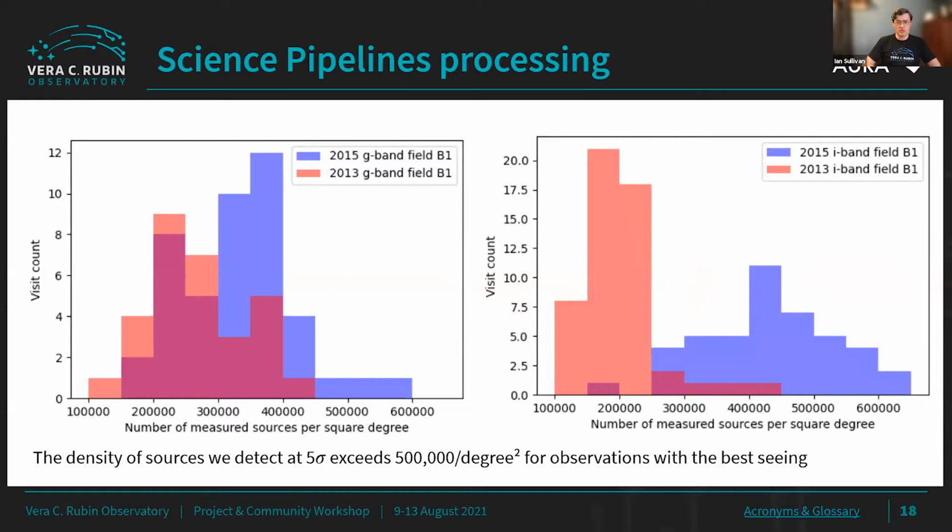Overall, the 2013 data had much worse seeing than 2015, and that is reflected particularly in the i-band observations, where the 2013 histogram is peaked down at around 200,000 sources per square degree, while in 2015, we're achieving up to 500,000 sources per square degree fairly consistently.